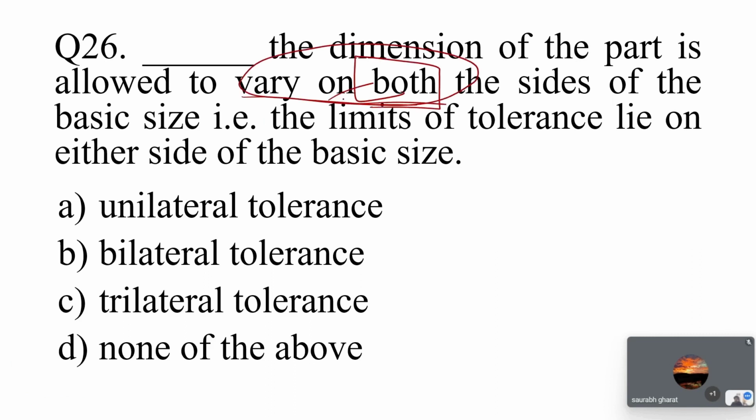Both sides is the important part here, and from that we can get the answer.